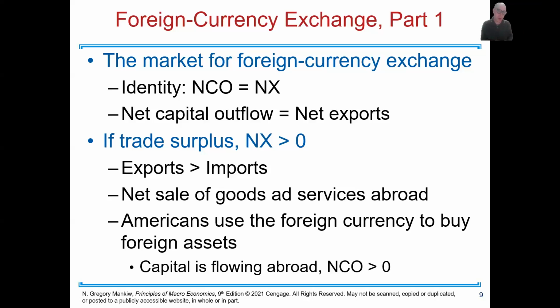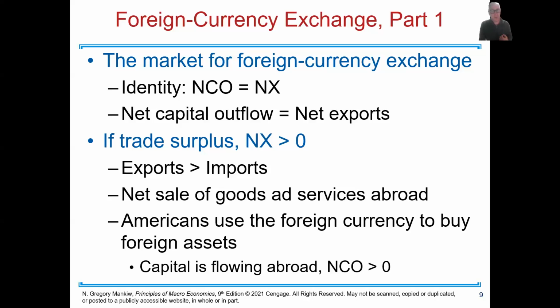For example, $1 US to $1 Canadian. $1 US is $1.10 Canadian. $1 American to a euro is 90 cents euro. $1 American to the British pound is 80 cents for the pound. $1 American to the Japanese yen is, I think it's about 90 yen right now, thereabouts. We call this foreign currency exchange, the exchange of one currency for another.